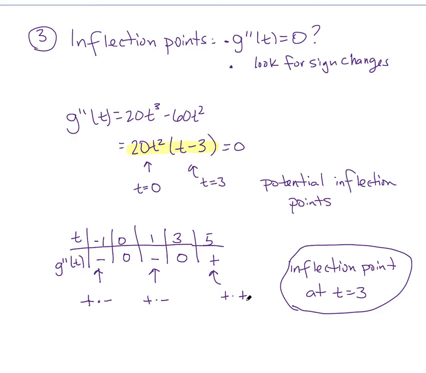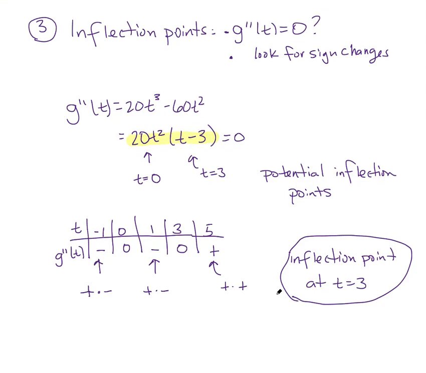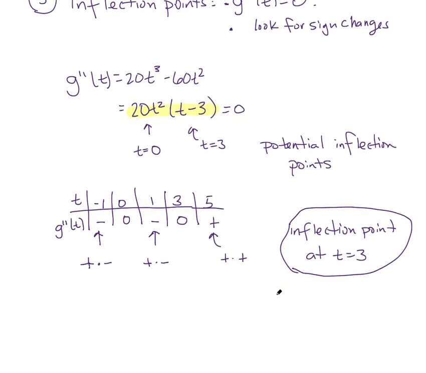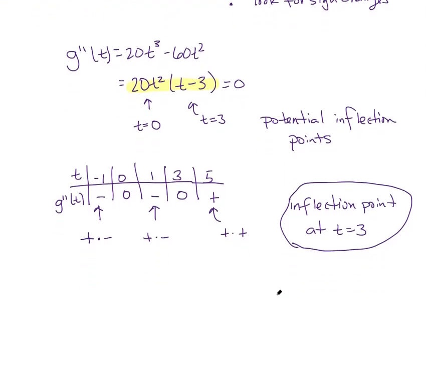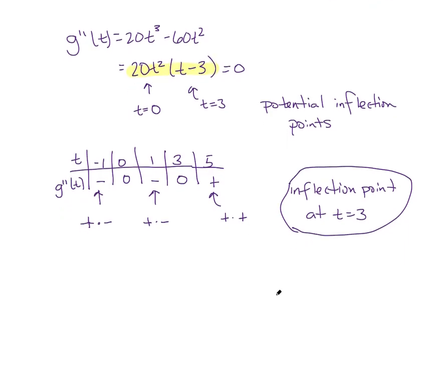And then using what's in our table, we can also write what the intervals of concavity are. And so remember, if the second derivative is negative, the original function is concave down. If the second derivative is positive, then the original function is concave up. And so let's start with concave up.